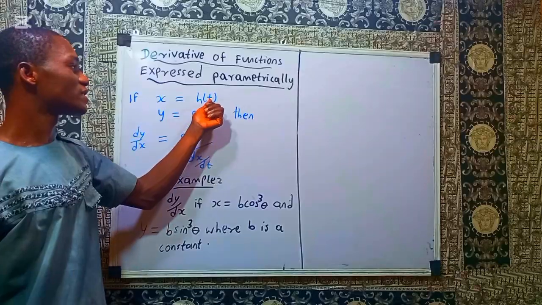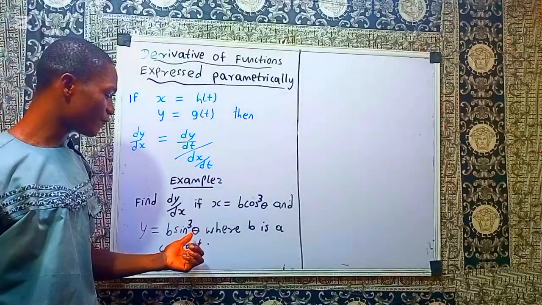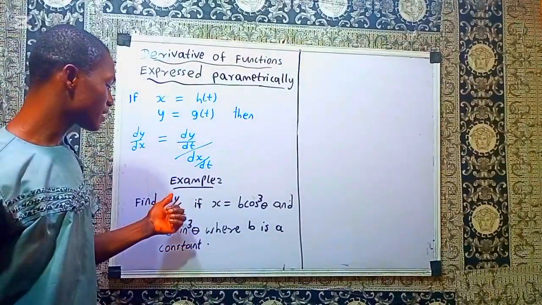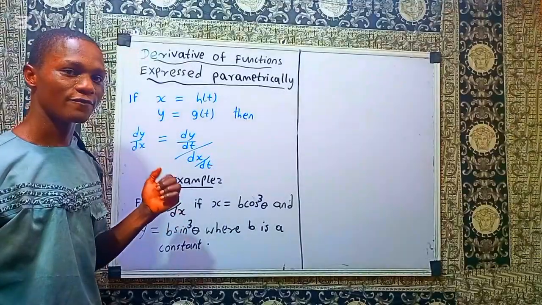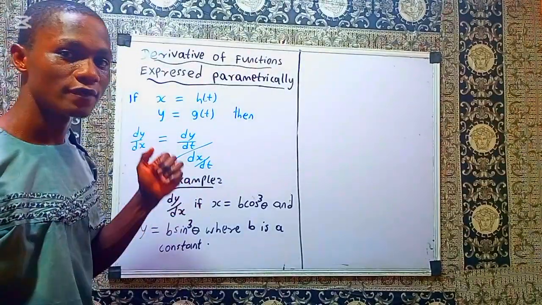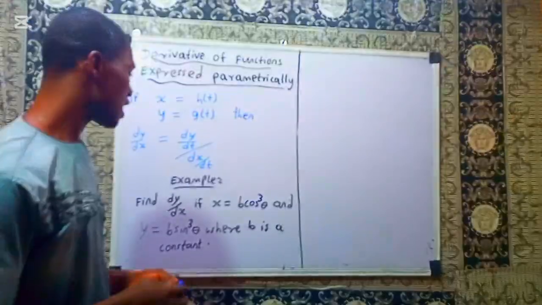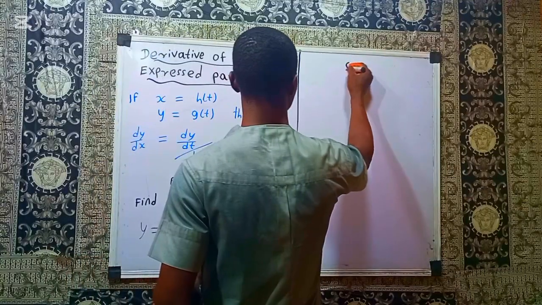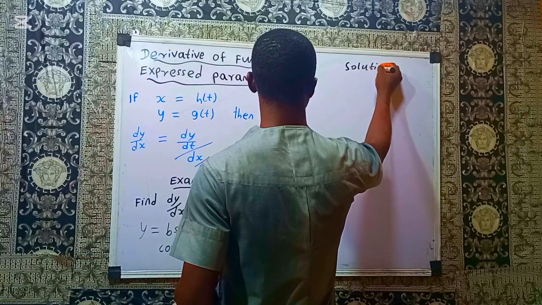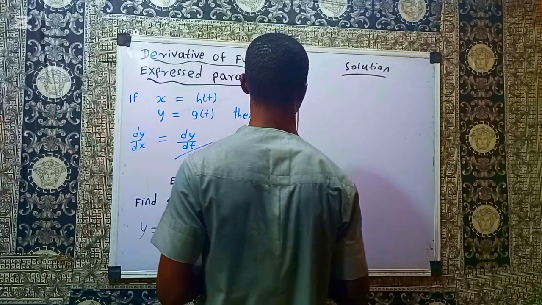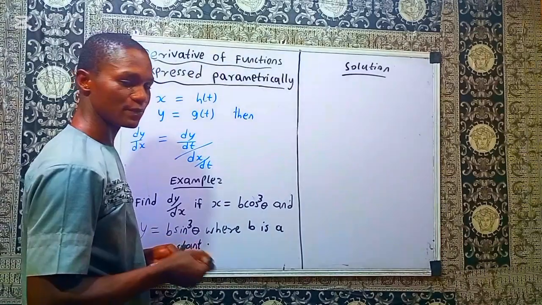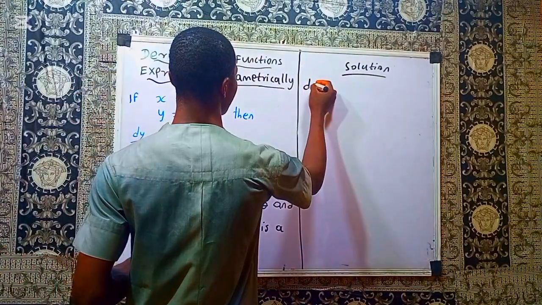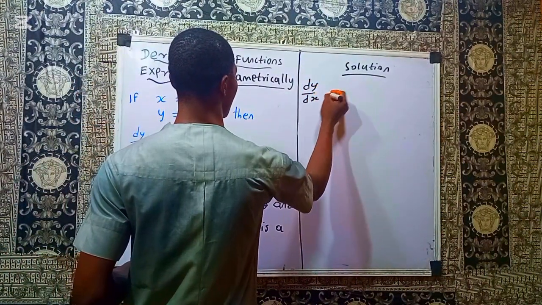So in place of t in this definition, we have what? Theta. So both x and y are functions of the same variable theta. So our work here is to find the derivative of y with respect to x.